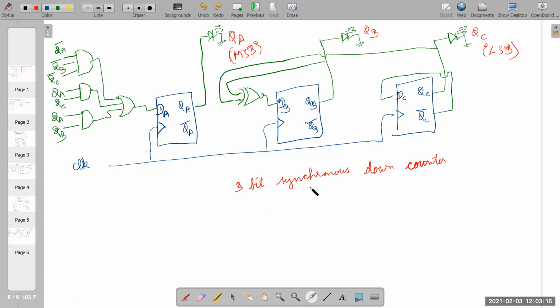Okay, right. So this is regarding your 3-bit synchronous down counter. In your syllabus, there is another counter called BCD counter. Okay, can you say what is a BCD counter? What is BCD?